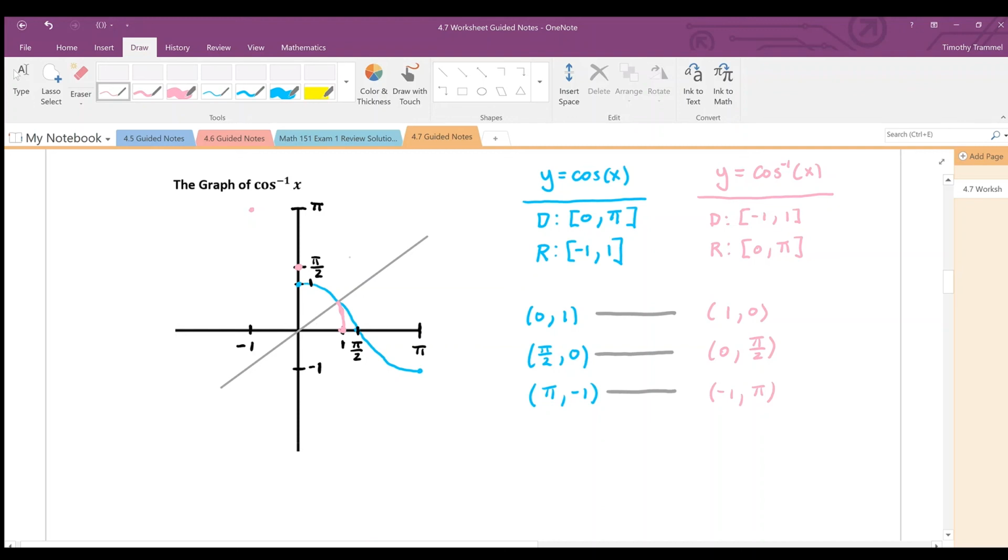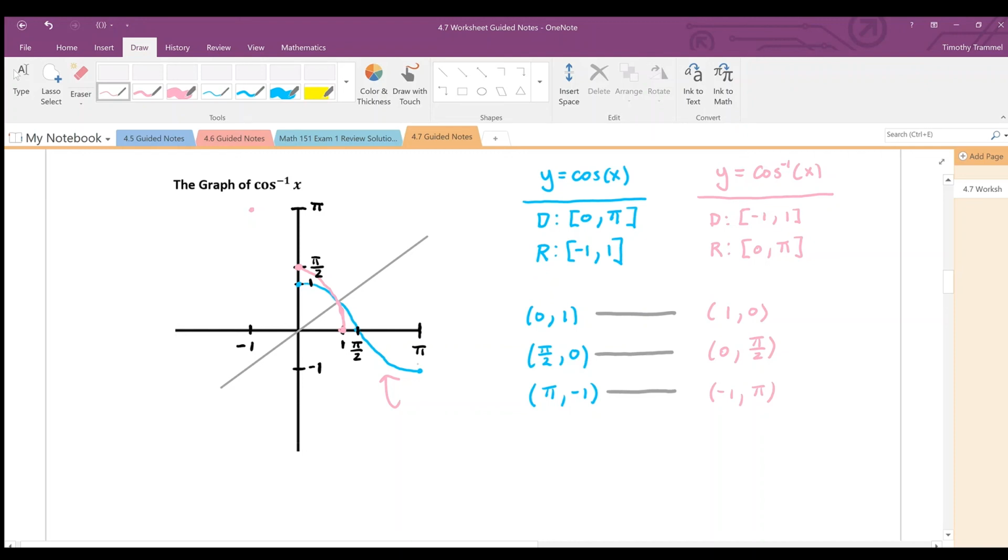Okay. So we've taken care of one piece. Let's try another one. Let's try this blue piece right here. That's in between the x-axis and the line y equals x. If we reflect that one, that'll look like that. Okay. And now all we have left is this part that's sitting below the x-axis.